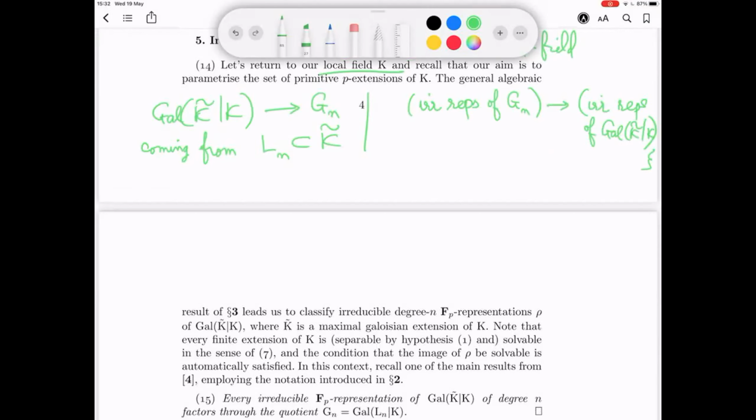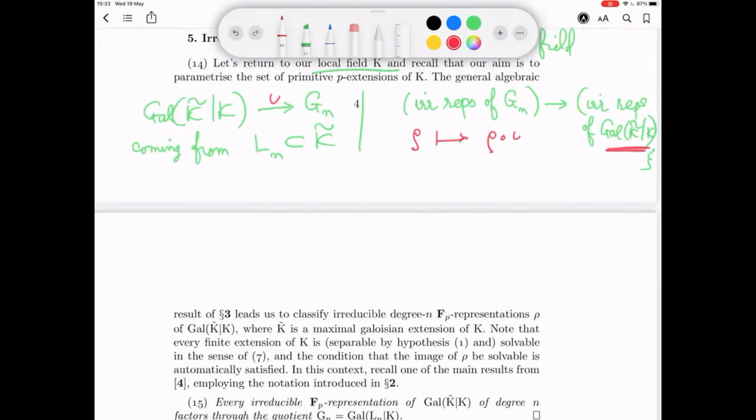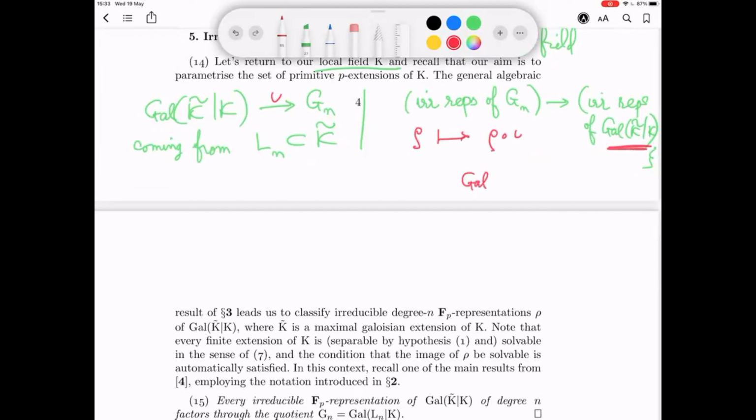So what is this map? I'll just call this one iota. Then if I have a representation rho of Gn, I can first apply iota and then apply rho. So that's going to be a representation of this. This iota will take me from the absolute Galois group to Gn.